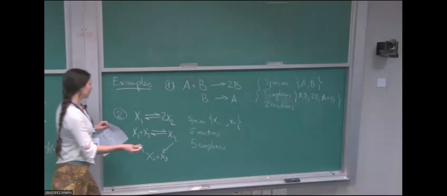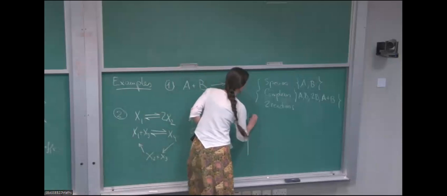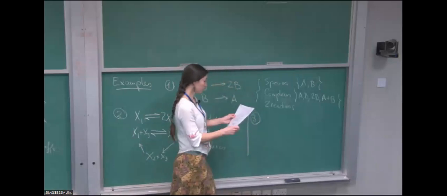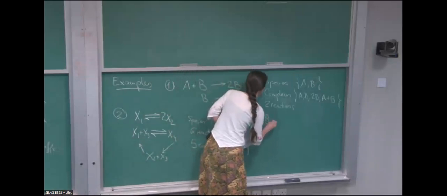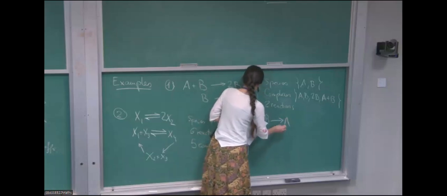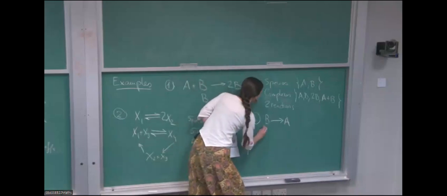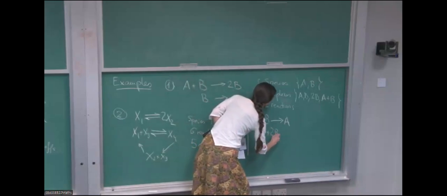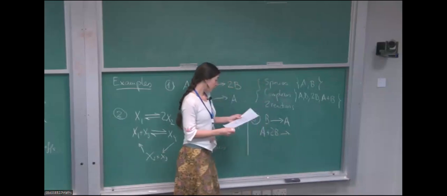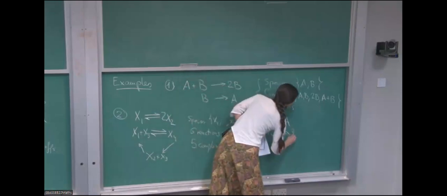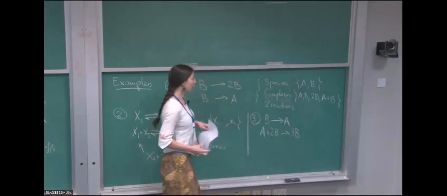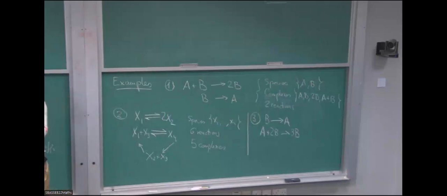One last example that will appear. B goes to A, and then A plus 2B goes to 3B. Again, another small reaction network with 2 species.